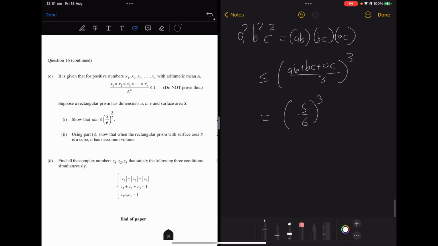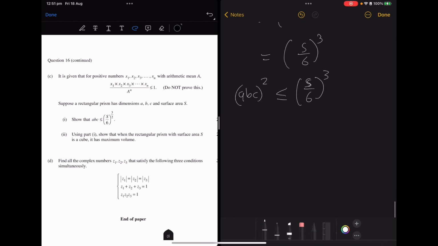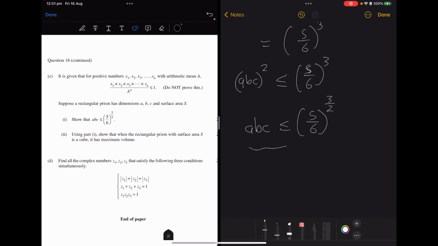So we have A, B, C all squared less than or equal to S over 6 to the power of 3. Finally, we can rewrite this inequality as ABC is less than or equal to S over 6 to the power of 3 over 2. And that will be part I.